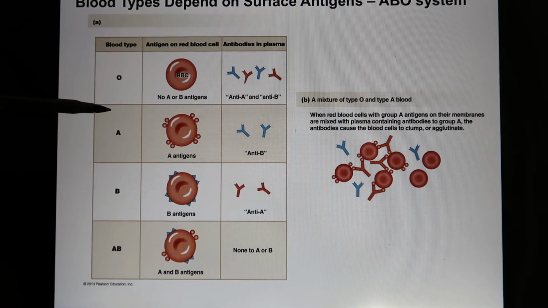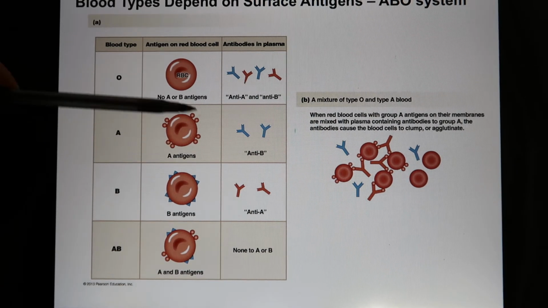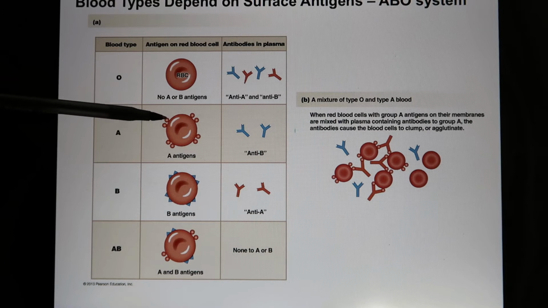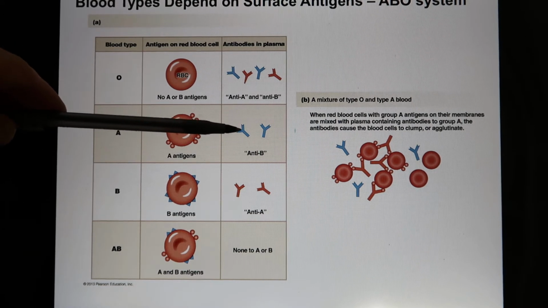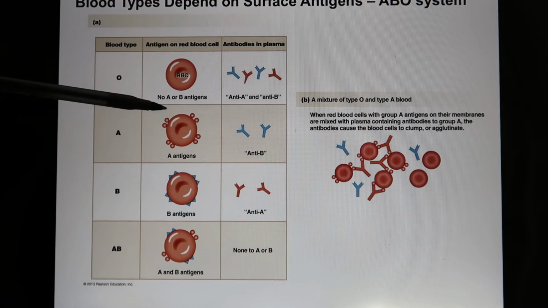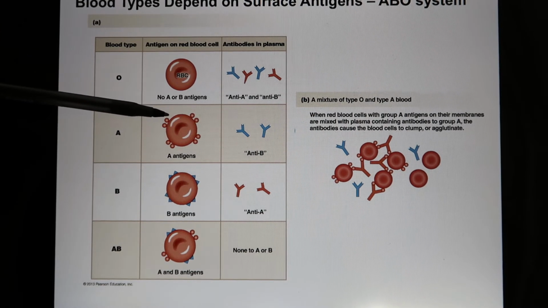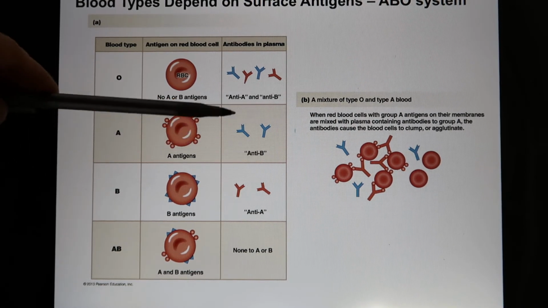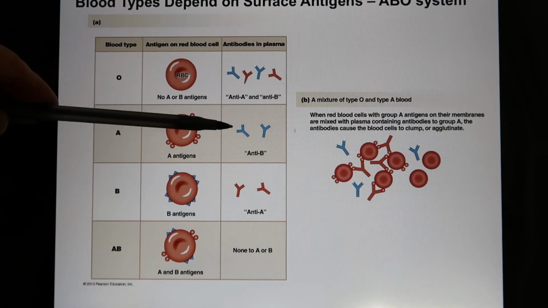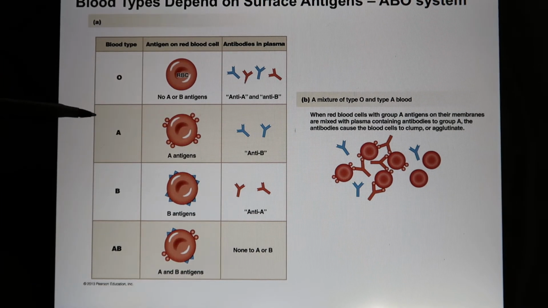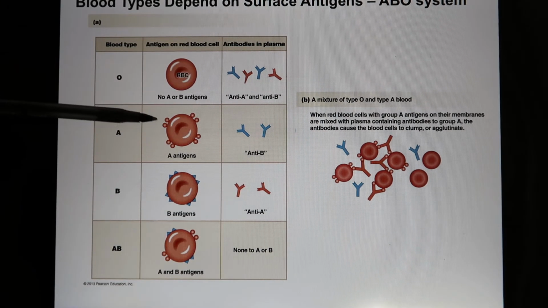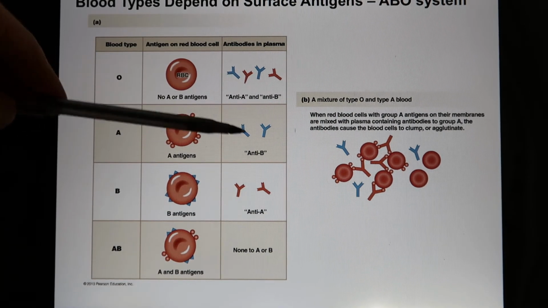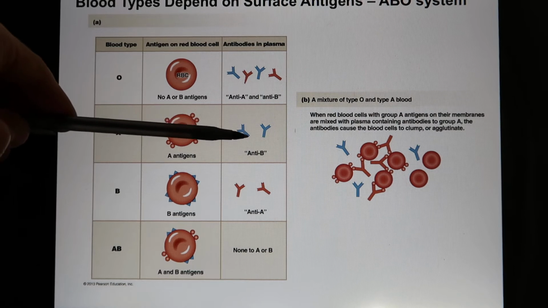And if this person's blood type is type A, he has antigen A on the red blood cell, and in his plasma it won't have anti-A, because anti-A is going to attack antigen A. So in the plasma he has anti-B. So if you're blood type A, that's what you have in your blood: antigen A on the blood cell and anti-B antibody in your plasma.